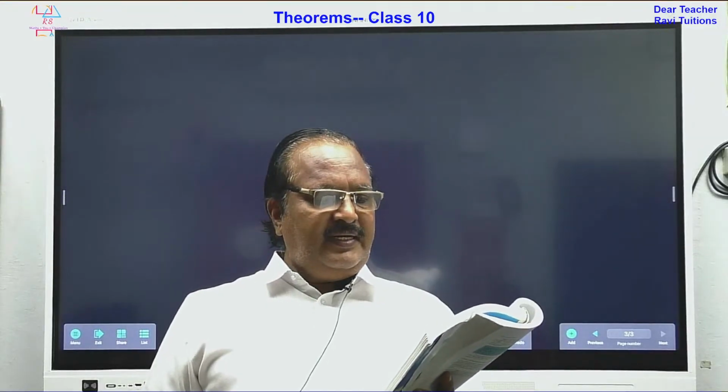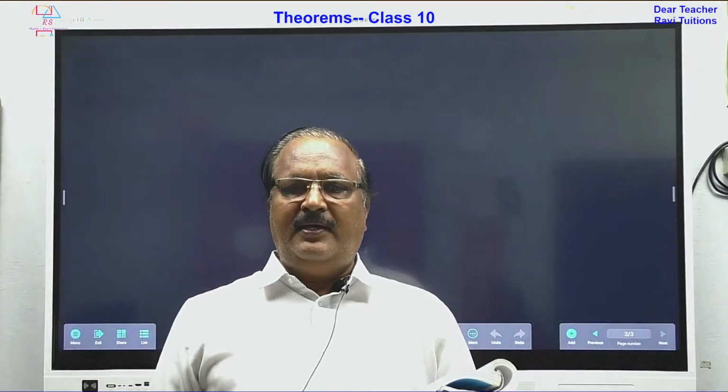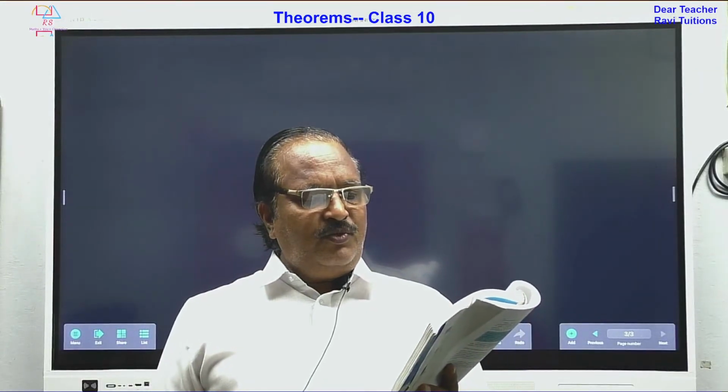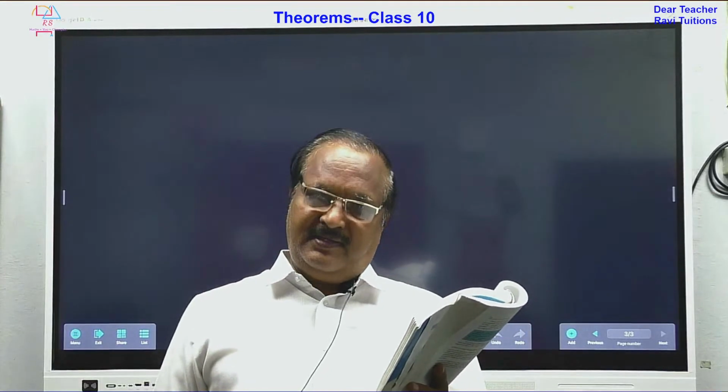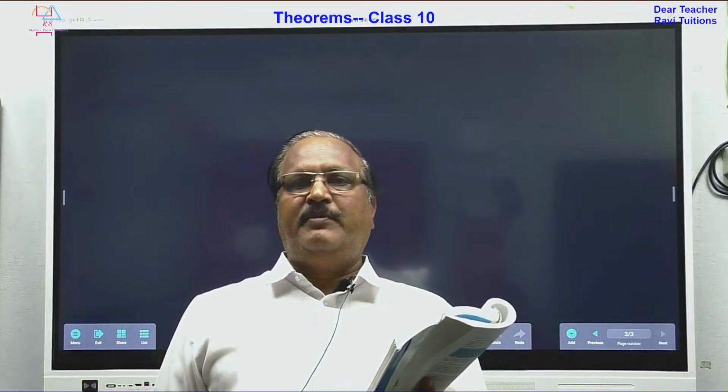6.3 is the AAA angle similarity theorem. If in two triangles corresponding angles are equal, then their corresponding sides are in the same ratio.